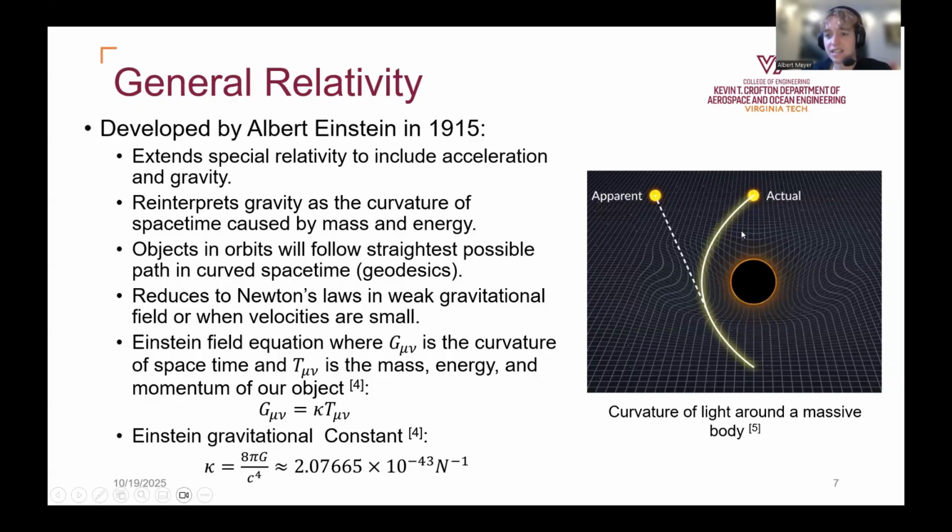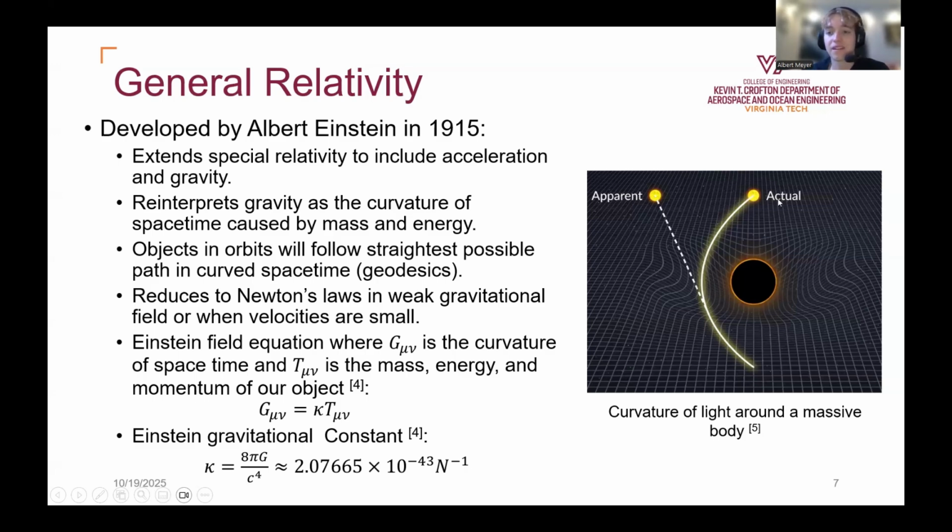Now, this star is actually behind this massive body, and the space is bending the light because this line wants to be along a straight and shortest possible line in this bent space.